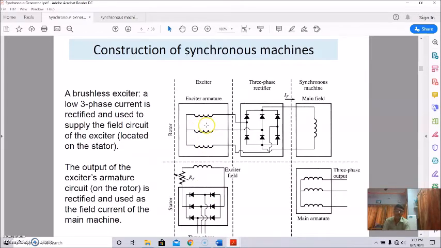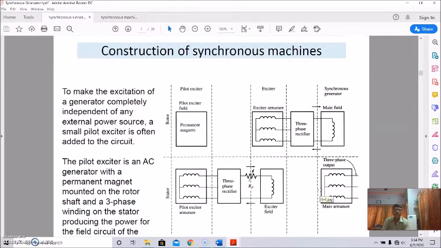This three-phase output is rectified again by three-phase rectifiers and given to the main field of the synchronous machine. And when this rotor is rotating, three-phase voltage will be induced in the main armature on the stator, and from here this output voltage is collected for transmission and distribution of the supply.